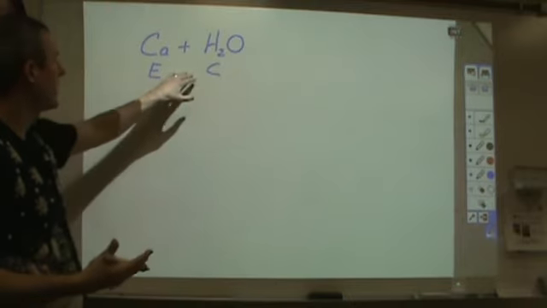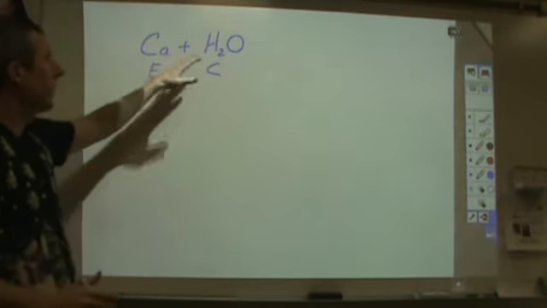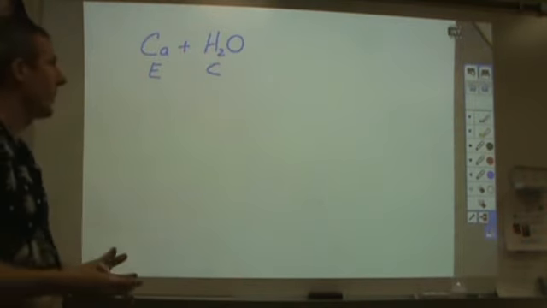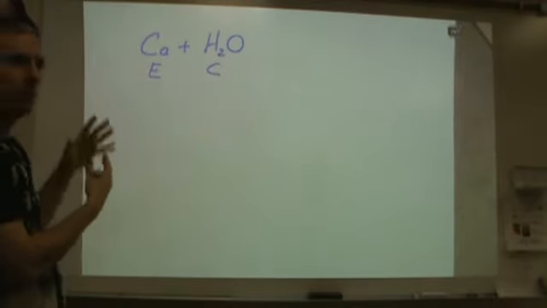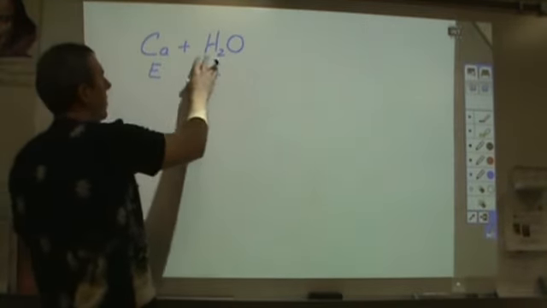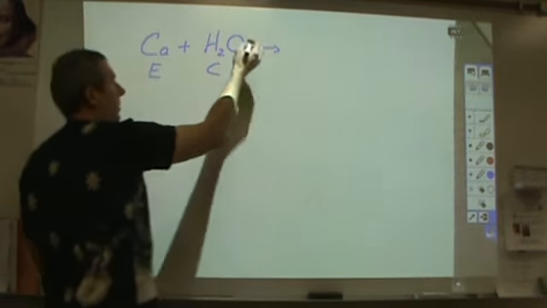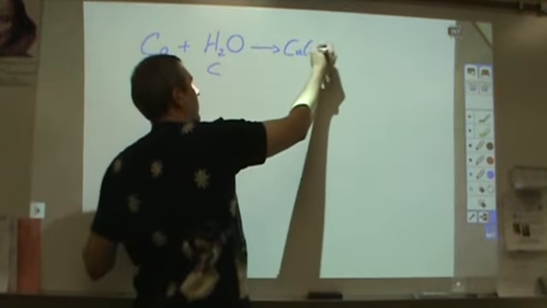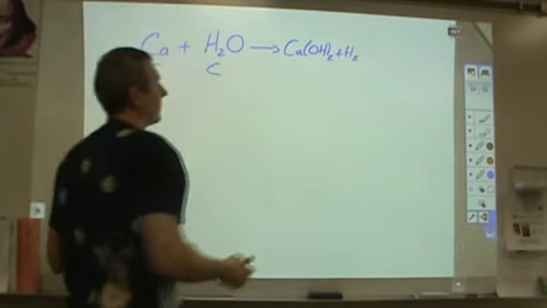Ding, ding, ding, that bell goes off, and I say, okay, that's probably single replacement. Okay? So then I would have to go to an activity series and see if this reaction occurs by looking to see if my element is further to the left. Okay, in this case, calcium is at the point where it will react with water, and I would displace this. Now, active metal plus water, I would end up making the base calcium hydroxide, and hydrogen gas.